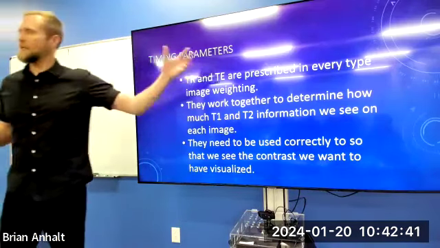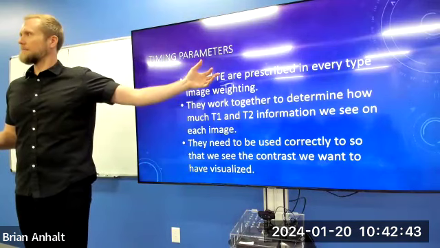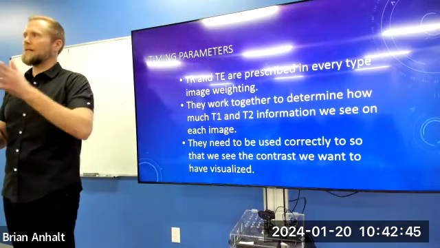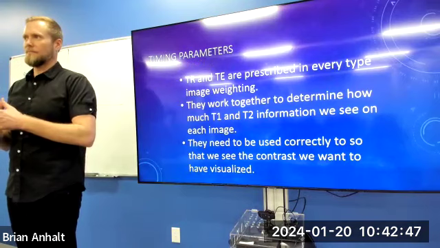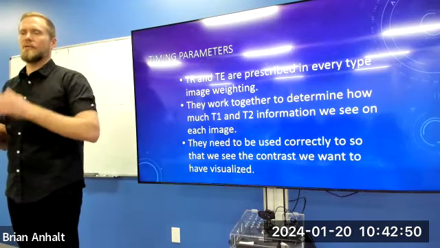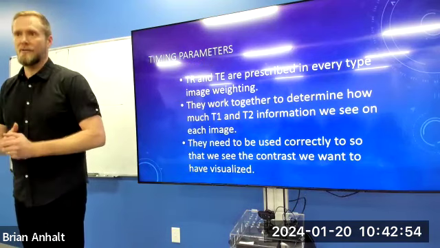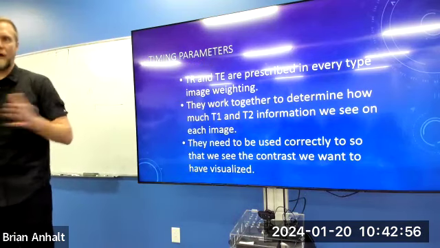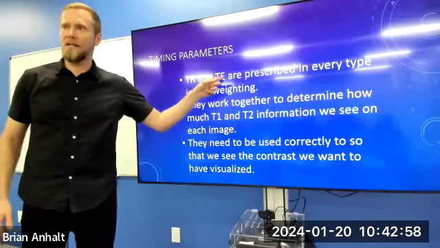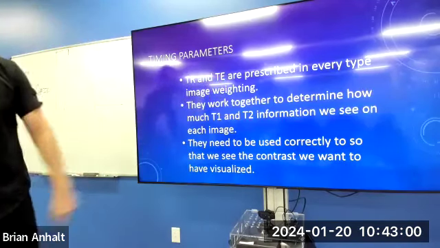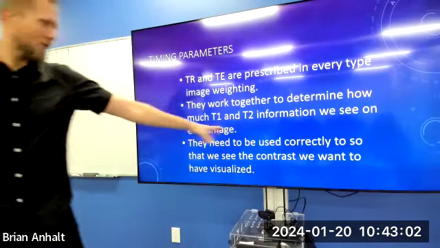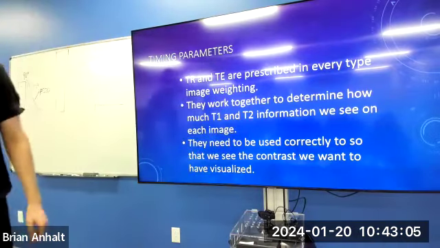We say that TE controls T2 weighting, right? But there is a TE prescribed in a T1 weighted sequence. We say that TR controls T1 weighting, right? But there is a TR that is prescribed in a T2 weighted sequence. Every type of contrast weighting has a TR and a TE. But they need to be used correctly so that we see the contrast we want.